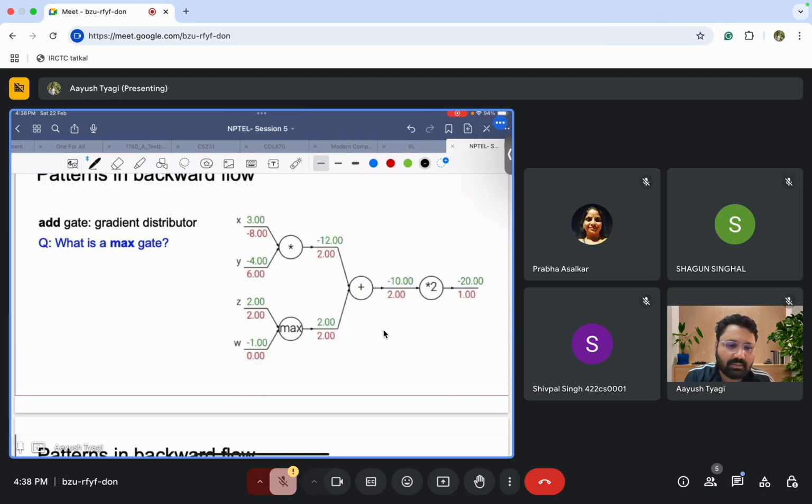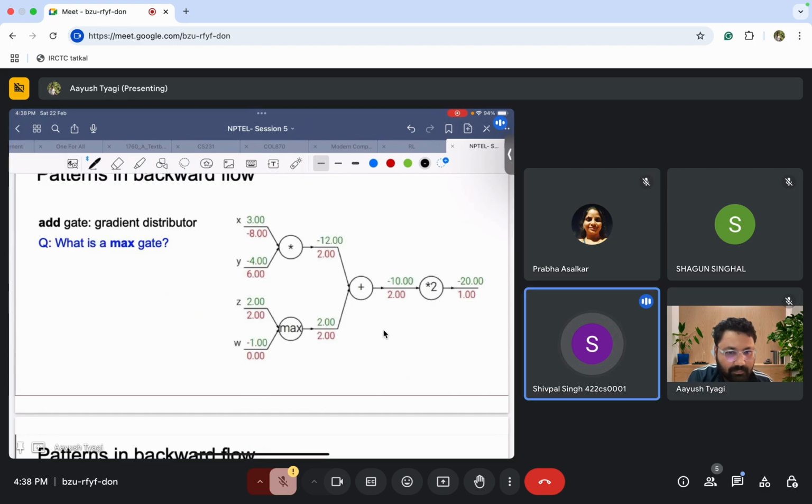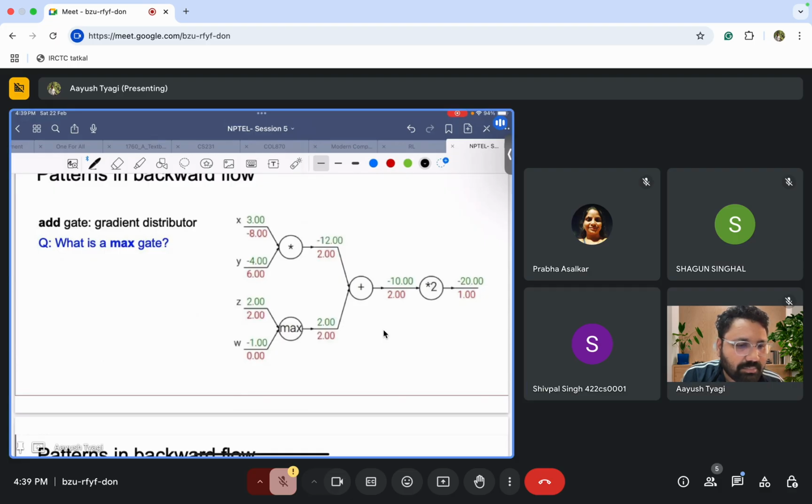That's what I'm curious about. Gradient equal to 1, no? So what it does, it passes on the gradient. I'm just curious, how does the gradient backpropagate through the max operator?